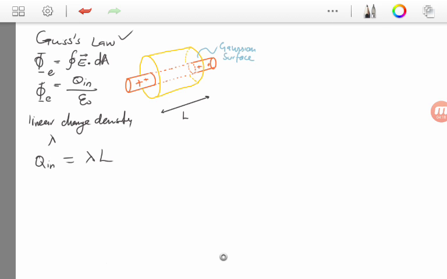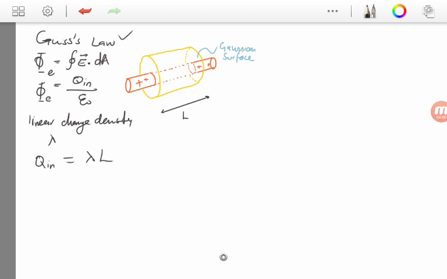Now another thing we can look at is the net flux in the Gaussian surface. So let's start constructing our areas around the Gaussian surface and see what the pattern is.